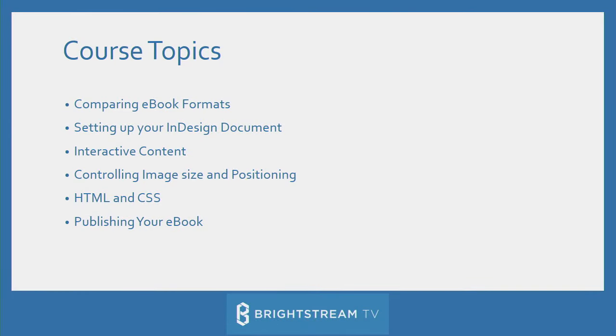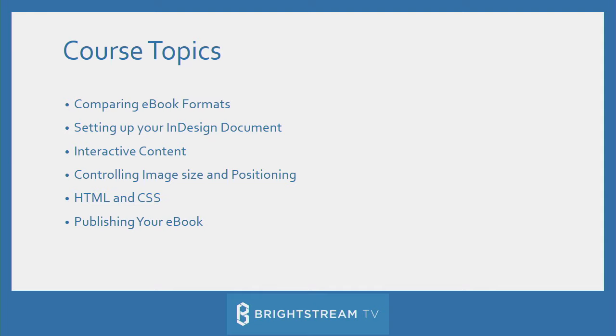All right, so what we want to cover in this short amount of time is to have a look at the various epub or ebook formats. What is an ebook and what are the different formats that you can use? I want to talk a little bit about setting up an InDesign document for creating ebooks. And then we're going to start looking at some of the interactive content that we can add to an InDesign document.